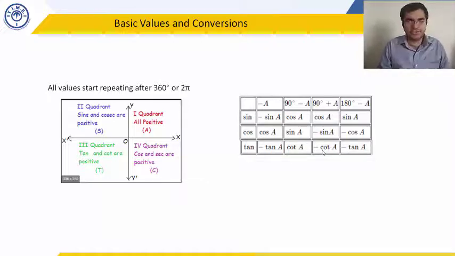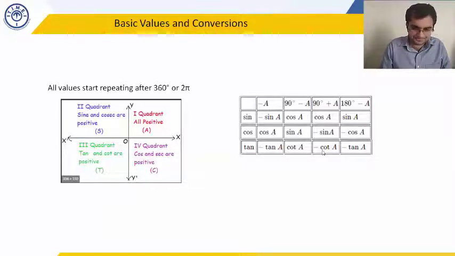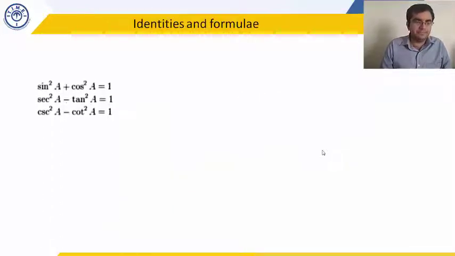Okay. So let's look at one more slide of identities and properties. Very, very important. Everything we are discussing is very important, and then let's proceed to the questions. Okay.